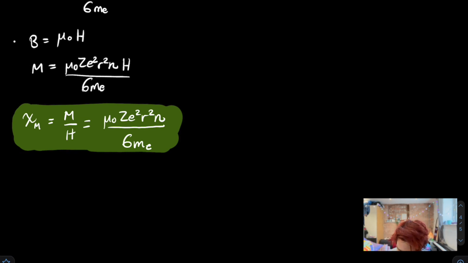But this is the general formula for it, and as I mentioned before, it is a fairly weak effect, and it actually turns out that all materials are technically diamagnetic. The reason why materials with full outer shells are said to be diamagnetic is because that is the dominant form of magnetism within those types of materials. And in the majority of other cases, the other two types of magnetism, such as paramagnetism and ferromagnetism, are far more dominant. So there we go.